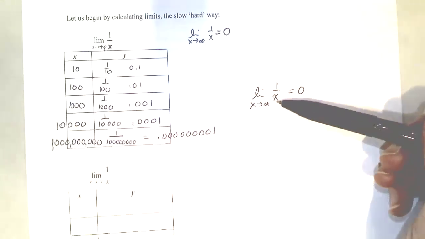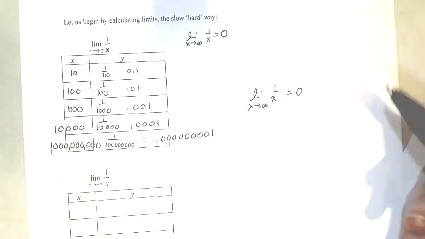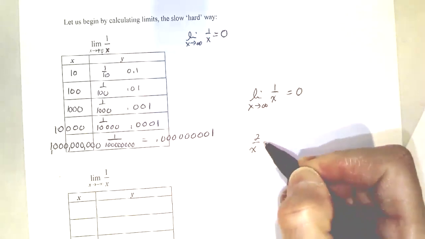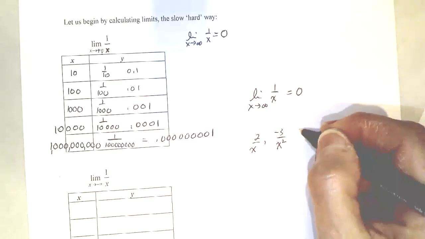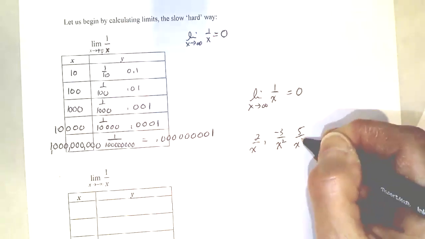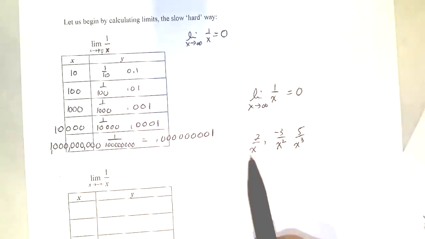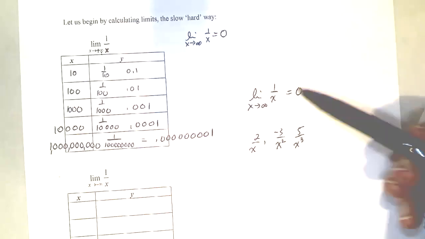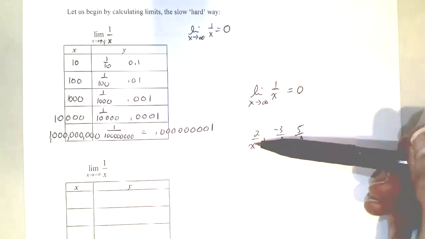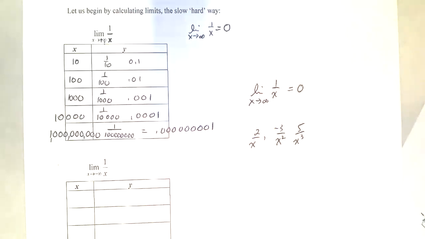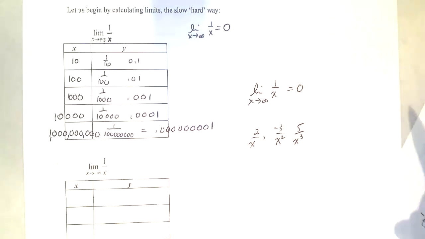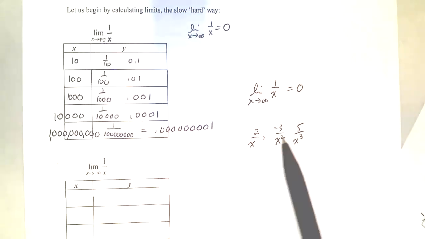And when you have any kind of function that's similar to it, 2 over x, -3 over x squared, 5 over x cubed, all of these are examples of the same kind of behavior. The larger the x gets, the smaller the y, the answer to the fraction, gets. And that's why we say the limit as x goes to infinity for all of these is 0.